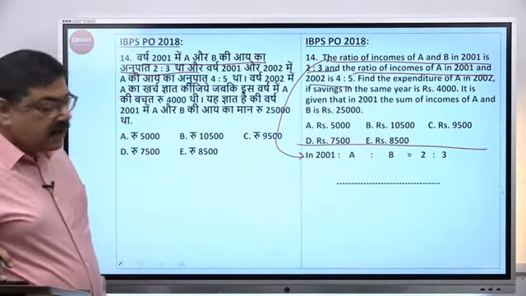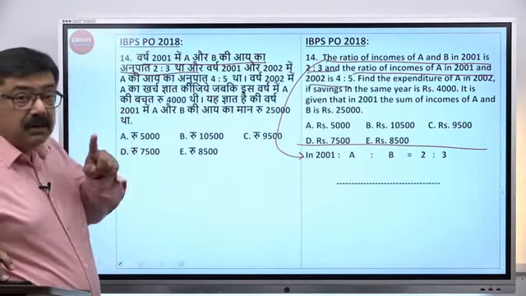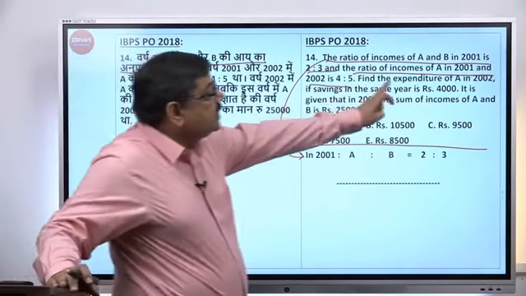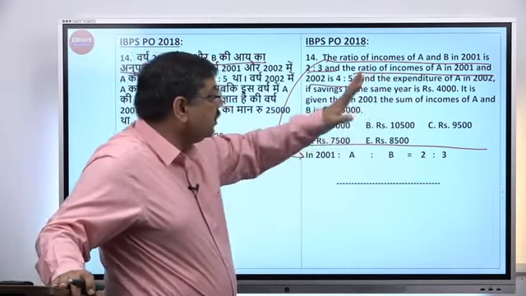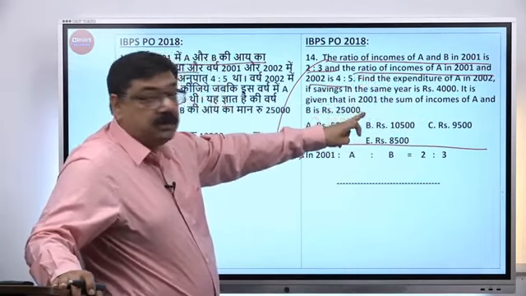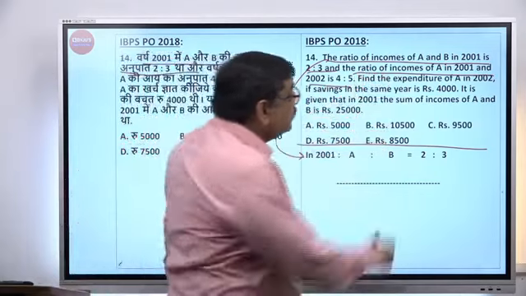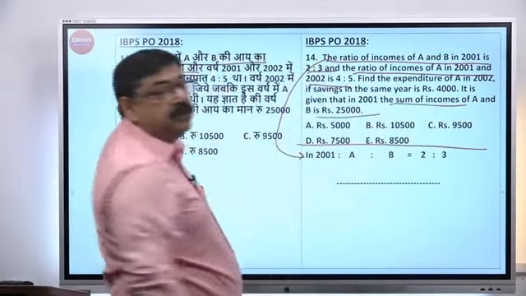Also it is given: find the expenditure of A in 2002 if savings in the same year is rupees 4,000. It is given that in 2001 the sum of incomes of A and B is rupees 25,000.